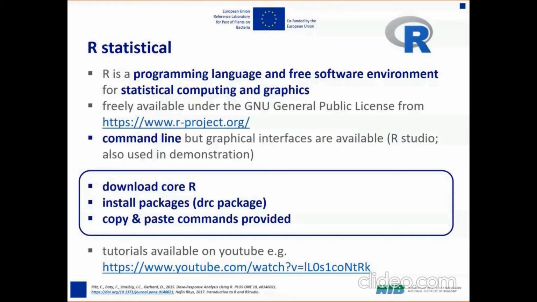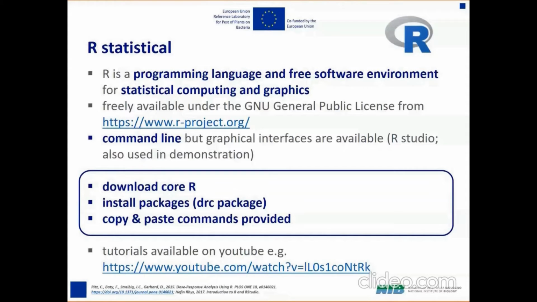It's command line based, so basically you have to type in all the instructions, but it has graphical interfaces also available. For example, RStudio, which will also be used in the demonstration that you will see. So basically, what you have to do this work, you have to download core R. So this is like the basic R that is always there.